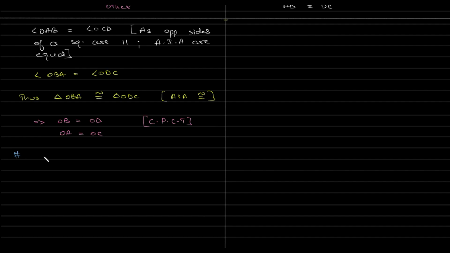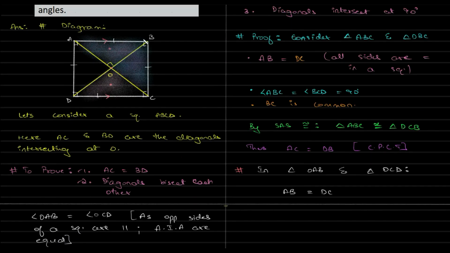So now the third one, consider triangle AOB and BOC. So here I think OB is common, and we have AB is equal to BC. BO is common, and this side is equal to this side.